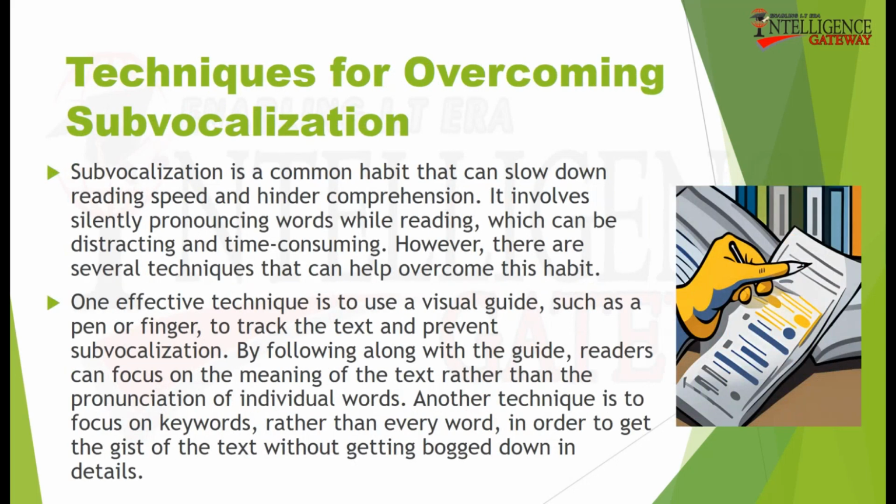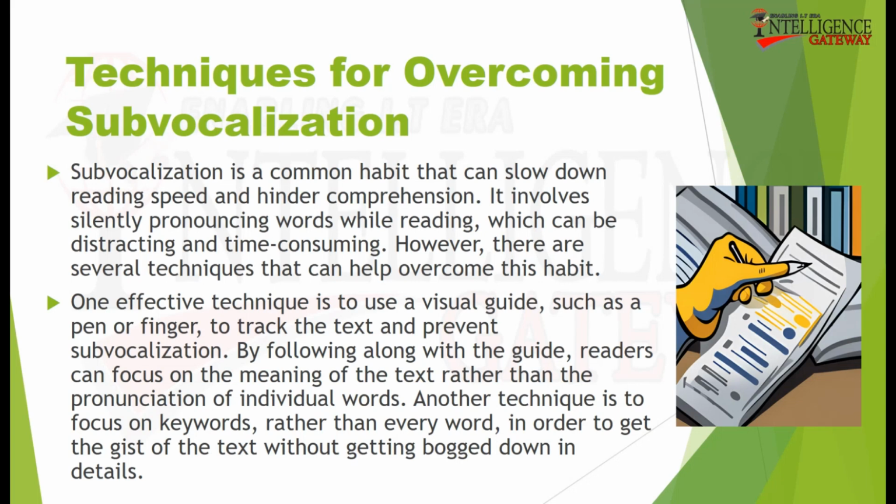Techniques for overcoming subvocalization. Subvocalization is a common habit that can slow down reading speed and hinder comprehension. It involves silently pronouncing words while reading, which can be distracting and time-consuming. However, there are several techniques that can help overcome this habit.